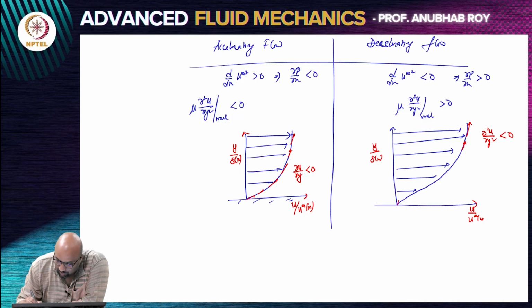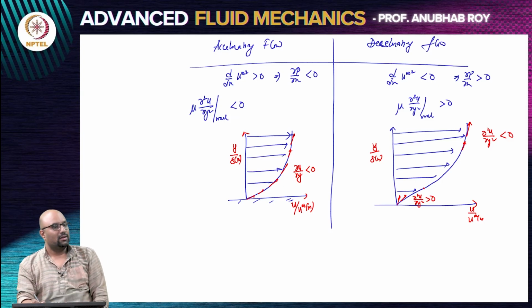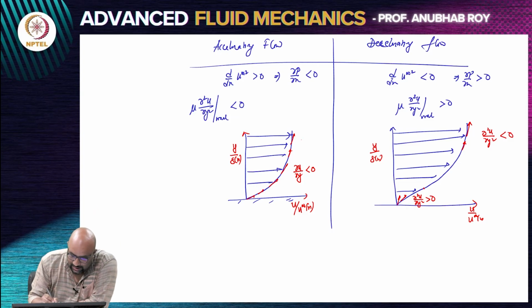But at the wall, your slope is actually increasing, which means there is some point of inflection where the curvature goes to 0, which is occurring somewhere in the domain.